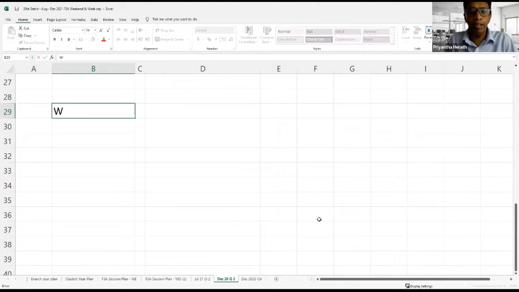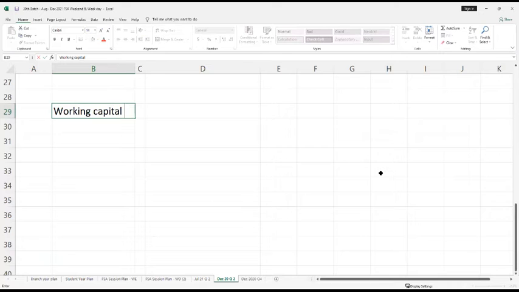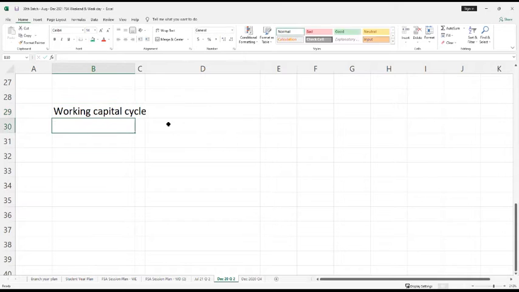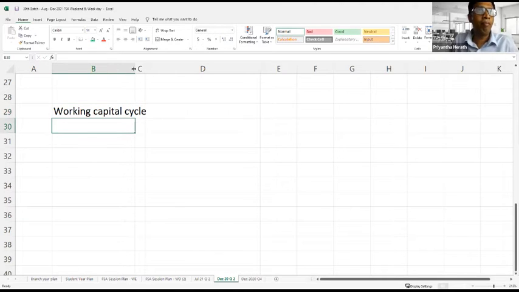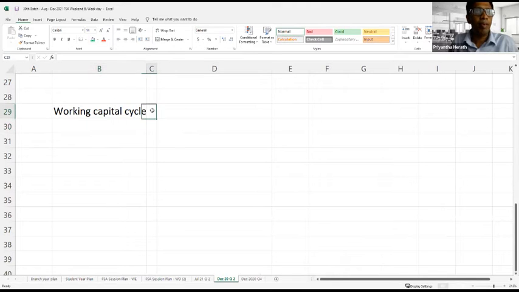Can you see the Excel sheet? Yes, sir. Okay. We want to estimate the working capital cycle, and how do you estimate this?